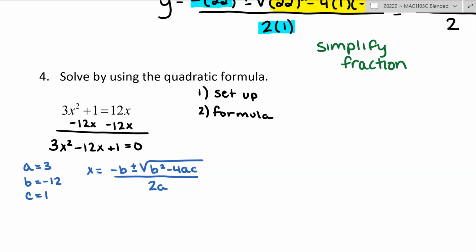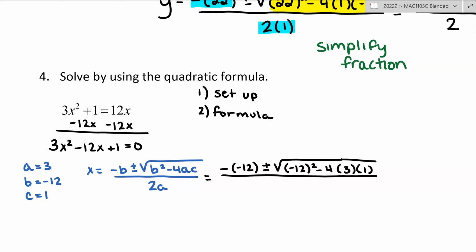So we're going to replace all of our a's with 3, our b's with negative 12, and our c's with 1. So I have negative b, so b was negative 12, so negative 12, plus or minus the square root of b squared, so negative 12 squared, minus 4 times a, which was 3, and c, which was 1, all over 2 times a, and a was 3.